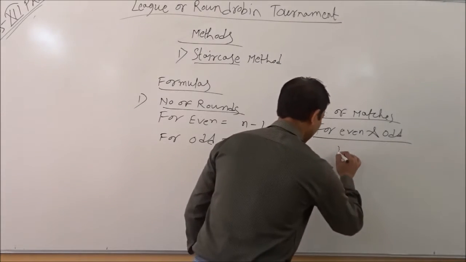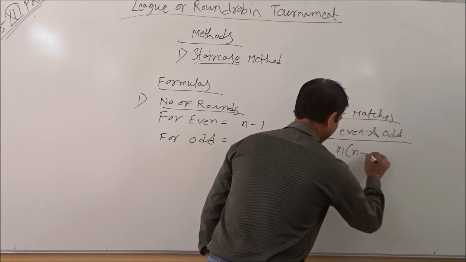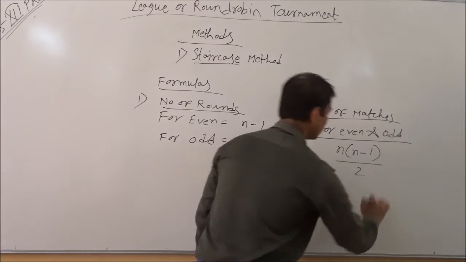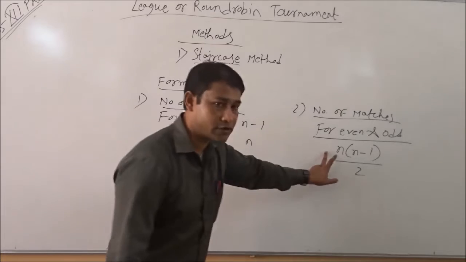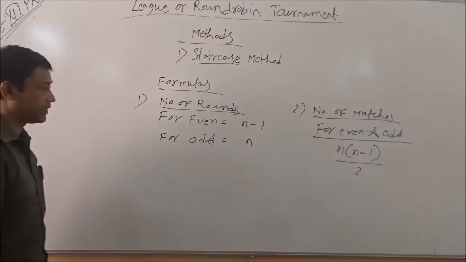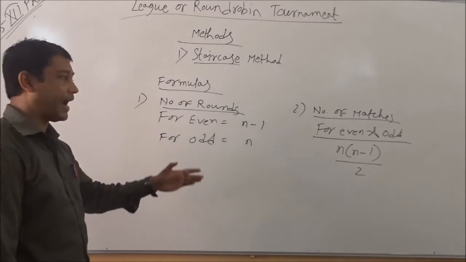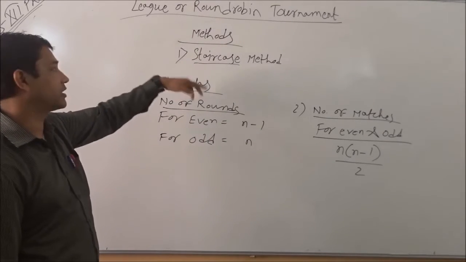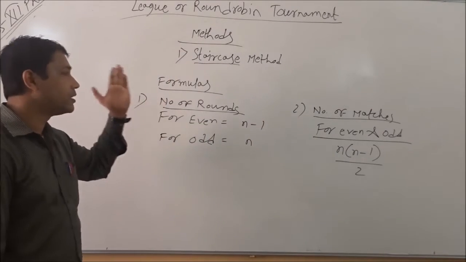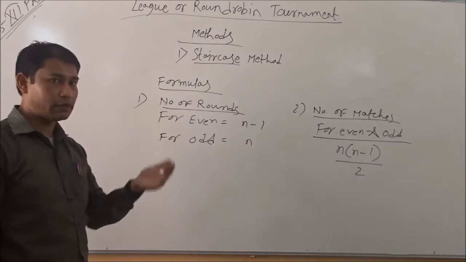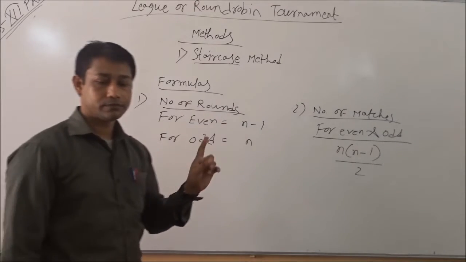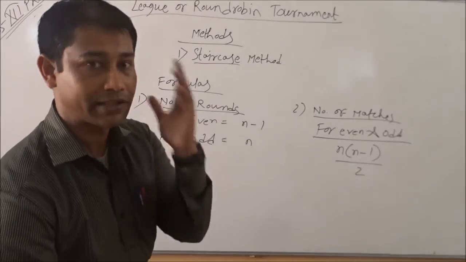That will be n into n minus 1 upon 2, where n denotes number of teams participating. So these two formulas will be applicable at first for the two methods, that is staircase and cyclic method. For tabular method, one more formula will be included that I will tell you later.